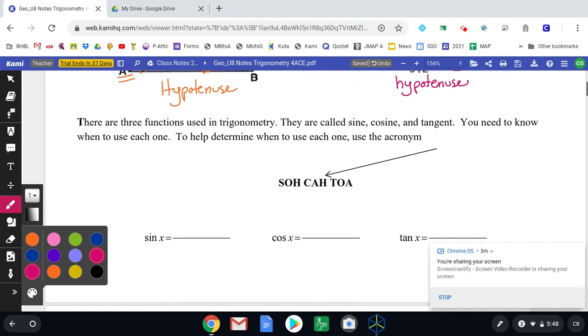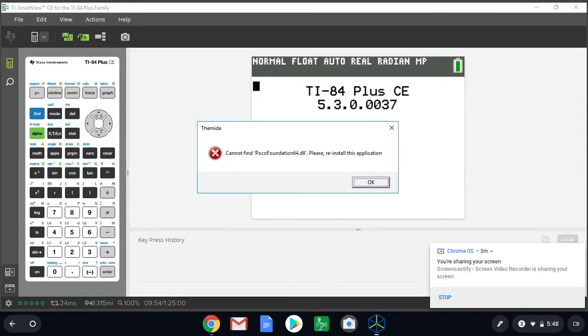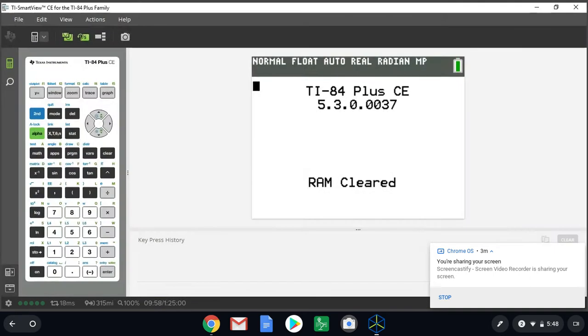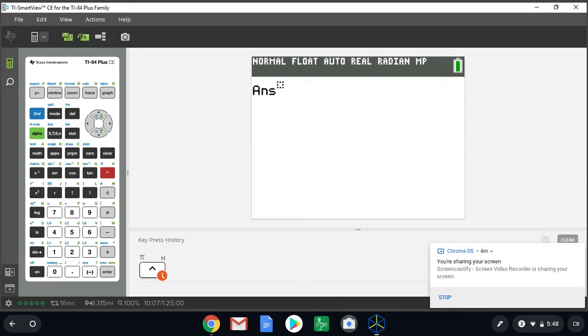So there are three functions that we're going to use in trigonometry. And if you take a look at your calculator, you'll see those three right on there: sine, cosine, and tangent. I know that it says sin, cos, and tan, but they are sine, cosine, and tangent.